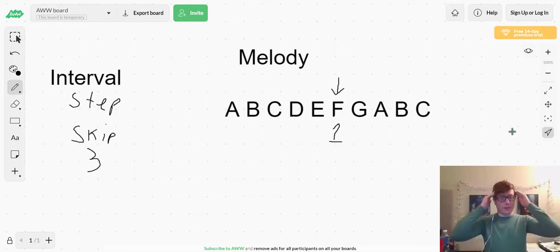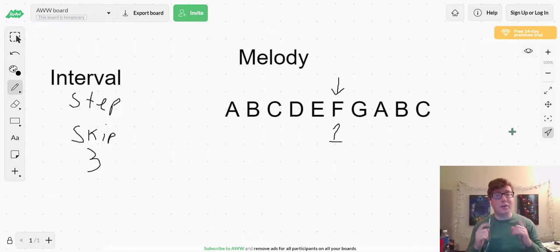I want you to stop and think about this. If F is 1, what would a third higher be? I feel like Dora the Explorer right now. Can you find the note that's a third higher than F? Well, let's stop and think about it. F is 1. That means G would be number 2. What would the third be then?